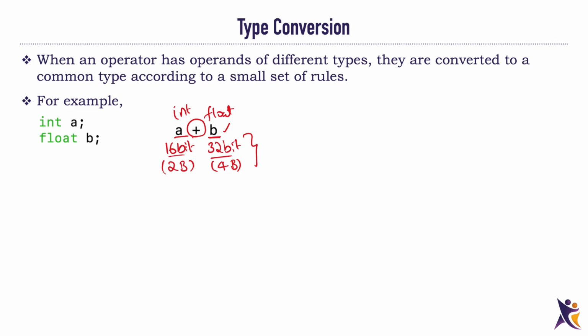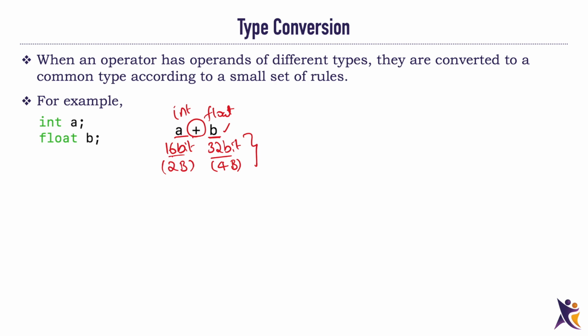A common type. Now you may ask me, how does the compiler choose which operand to convert and to which data type it will convert? What it does is it considers the operand which is taking the smallest amount of memory and then converts it into the one which is taking a larger amount of memory.